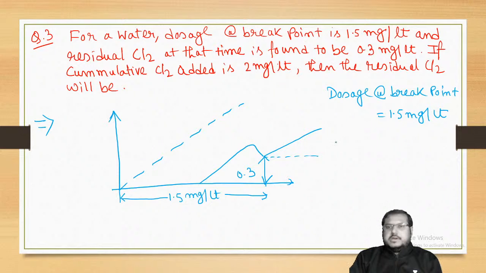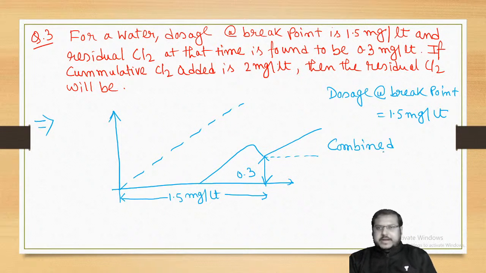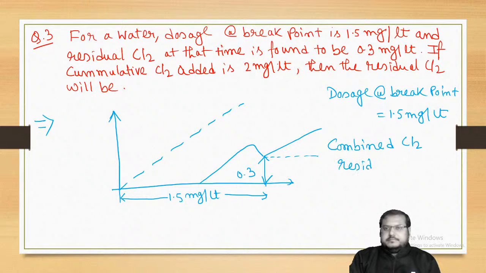So at breakpoint the residual is nothing but the combined chlorine residual. Combined chlorine residual is 0.3 milligram per liter.